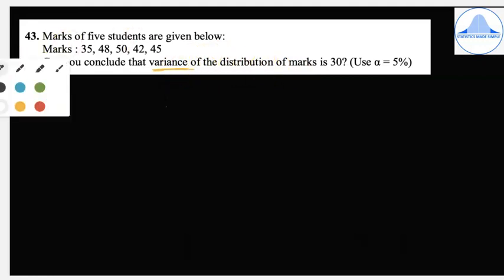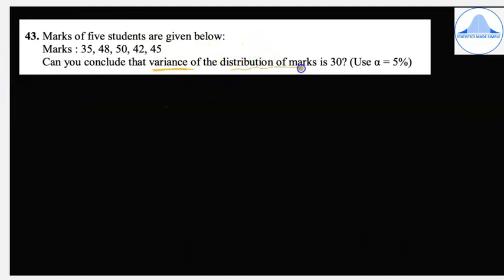So from this question, we will write down what is the variance of the distribution of marks. So this particular sentence is with respect to the population. So they have given us what is the variance of the population. So distribution of marks is nothing but the population value.